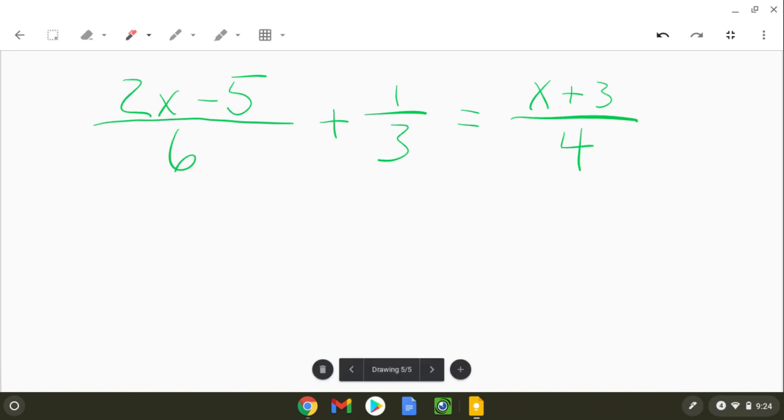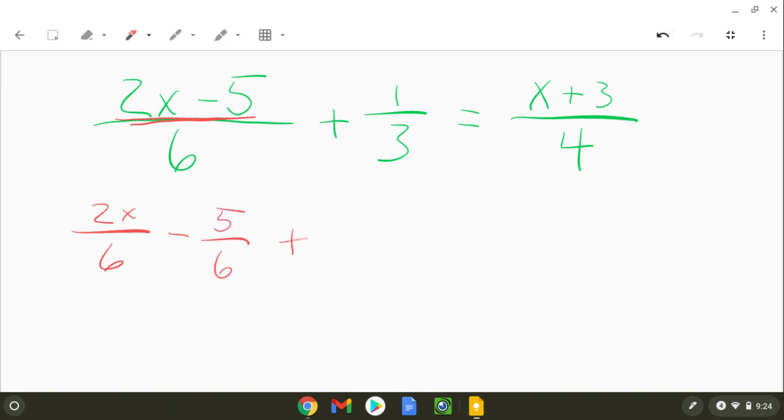Okay. What I'm going to do is split this numerator into two fractions. We did this earlier in the year. I'm going to rewrite it as 2x over 6, and then minus, because it's a minus sign there, 5 over 6 plus 1/3 is equal, and then I'm going to split this one the same way.